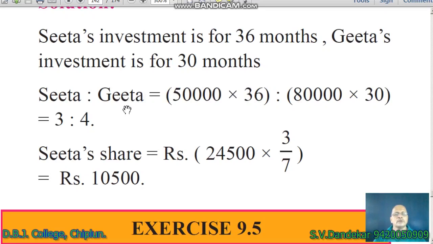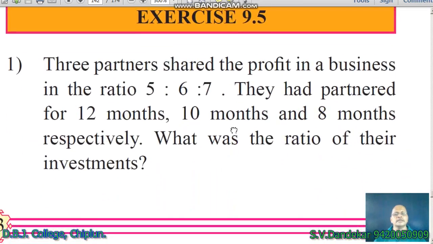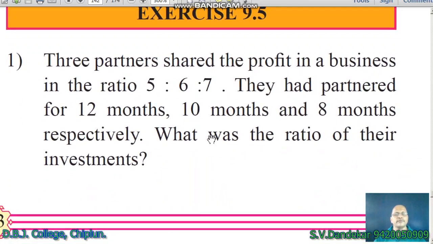So this works out to be 3 is to 4, and Sita's share is 24,500 into 3 by 7, that is 10,500.